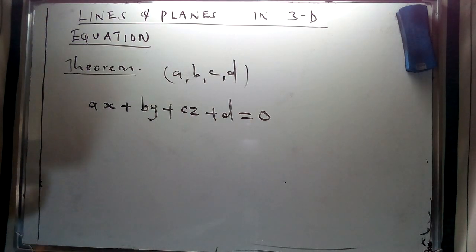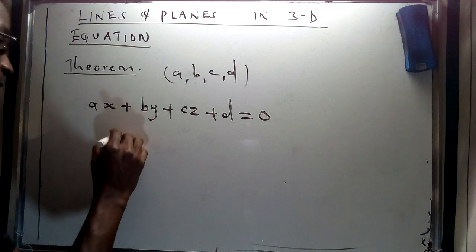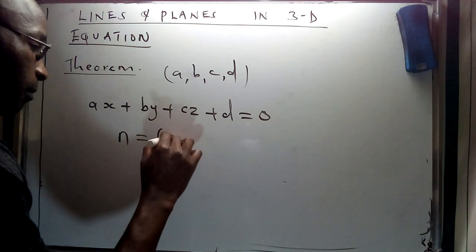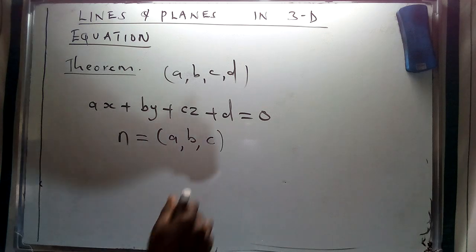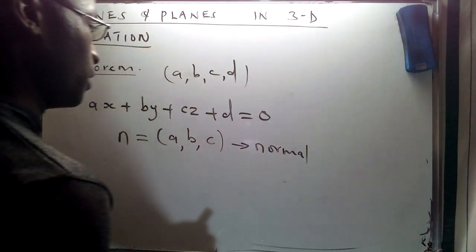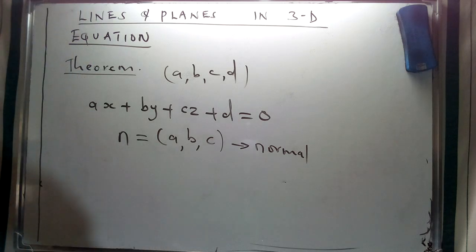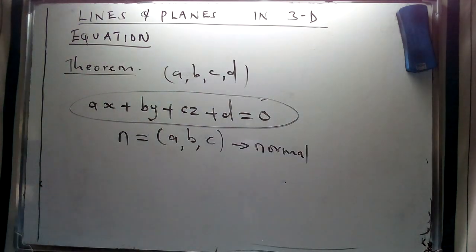This is the general form of an equation of a plane having a normal vector given as a, b, and c. This is the general illustration for the last two examples, the general case and the specific case, and this is the general format for the expression of a plane in three-dimensional space.